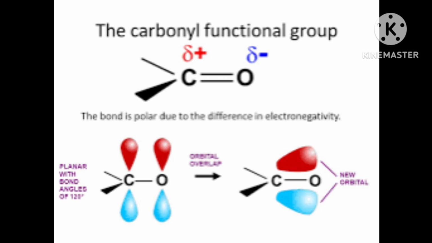and a dipolar structure. Means between C and O, a double bond is there. Correct? That is structure 1. Structure 2 means now the double bond will break, then oxygen will take the electron and it will become negative, and then carbon will become positive.